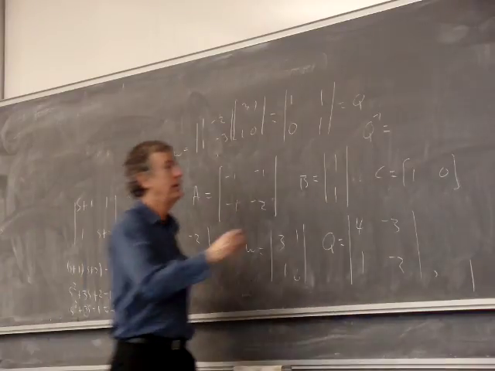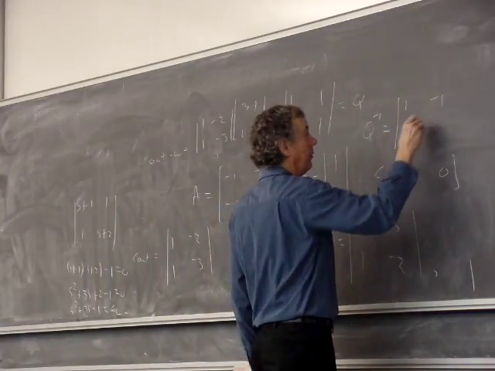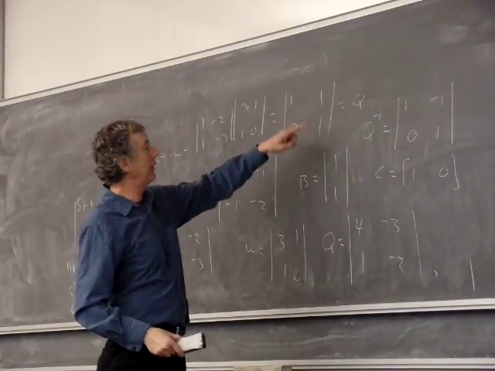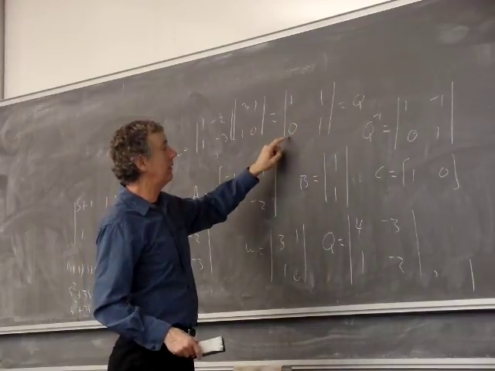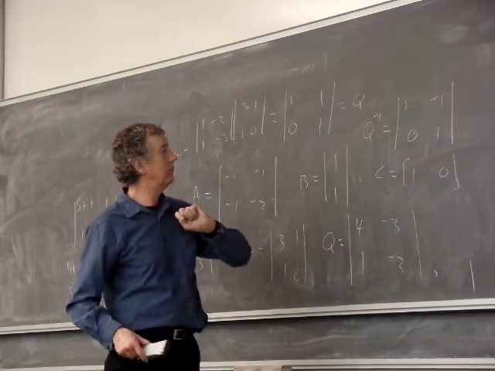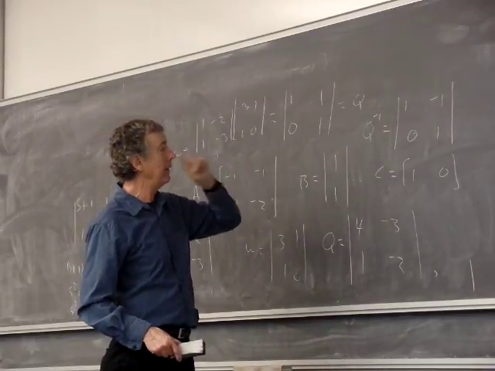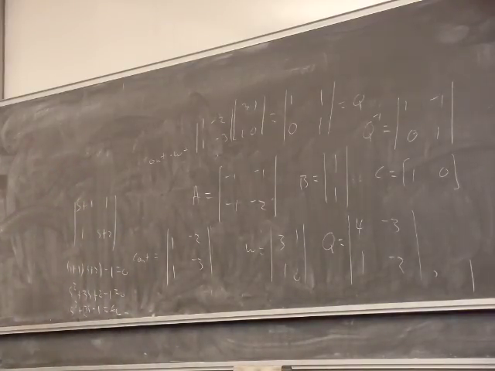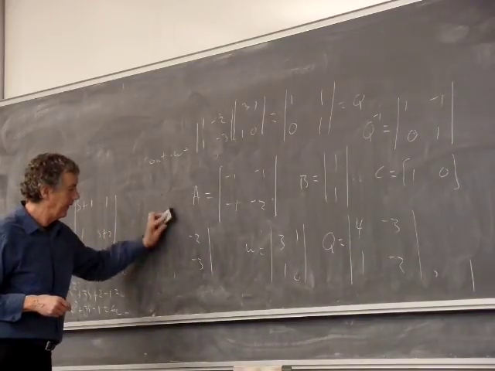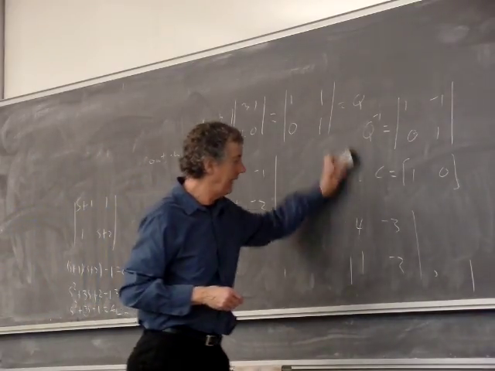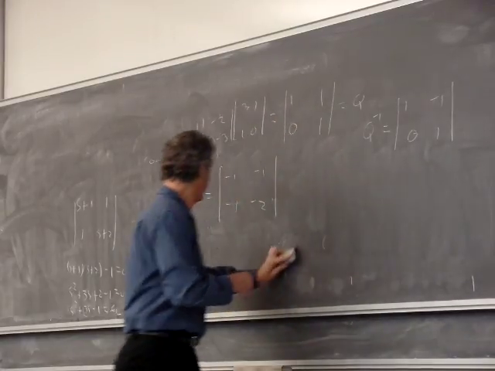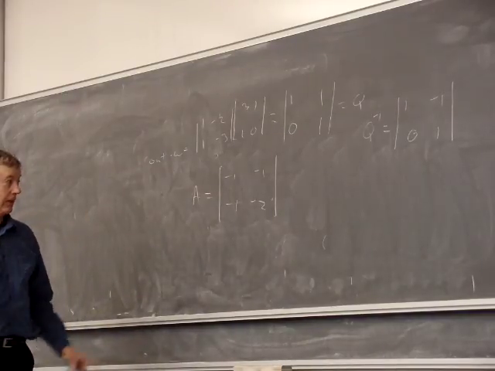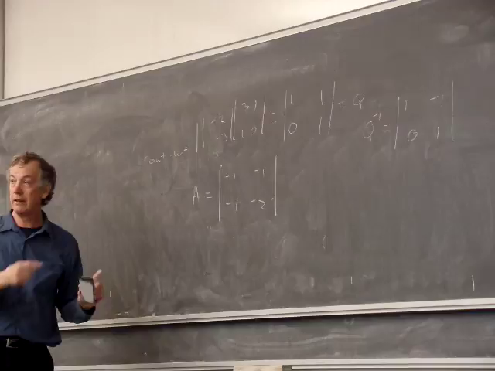Minus 1, 0, 1. 1, 0, 0, 0, 1. So that's true. Now, to get our A matrix, we take the original A matrix here, and we do what to it? What are we going to do? Q A Q inverse.